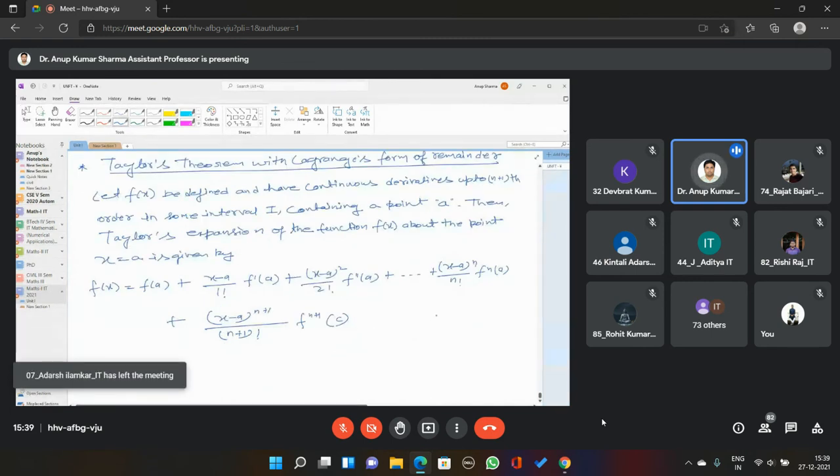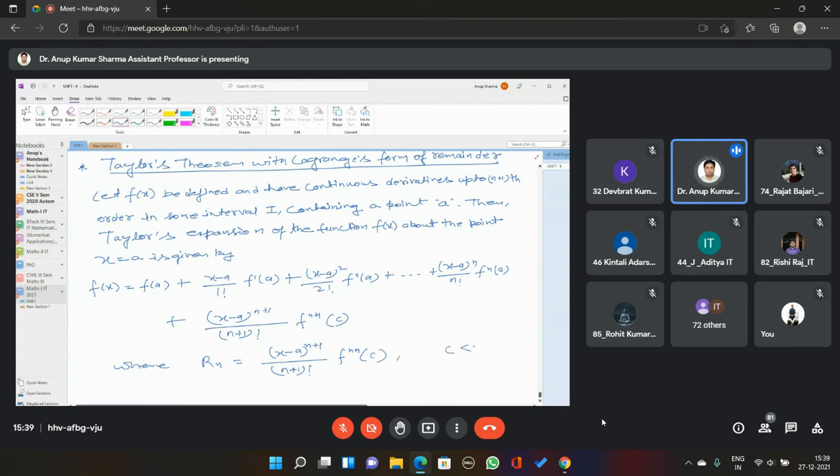While stopping, we are not going further. Where R_n is equal to (x minus a) to the power n plus 1 upon (n+1) factorial f^(n+1)(c), and c is less than x and greater than a.